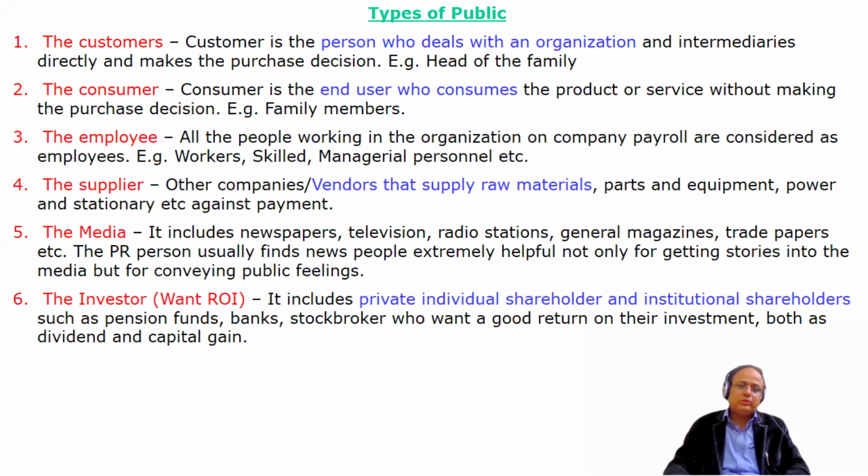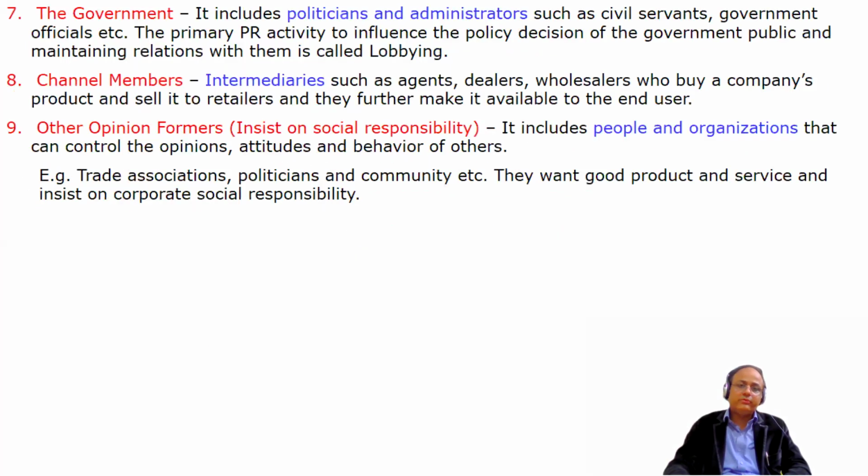So in a nutshell, these are the different types of public that I've already spoken about. Customers who deal with the organizations, consumers who are the end users, employees the internal market, suppliers who provide the raw material, media who provide the support, and the investors who want ROI from the company itself, the government like politicians, administrators, civil servants, government officials, channel members.